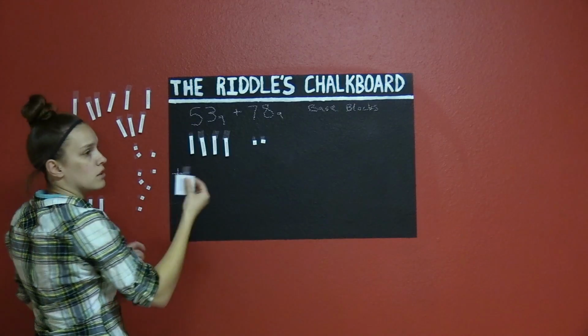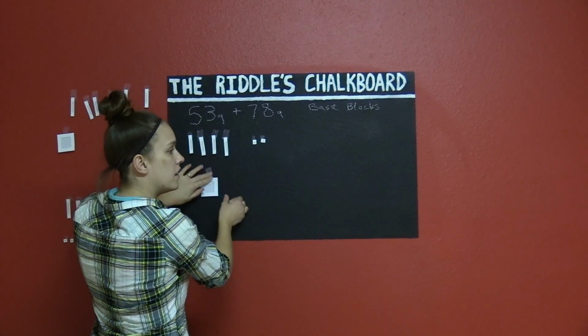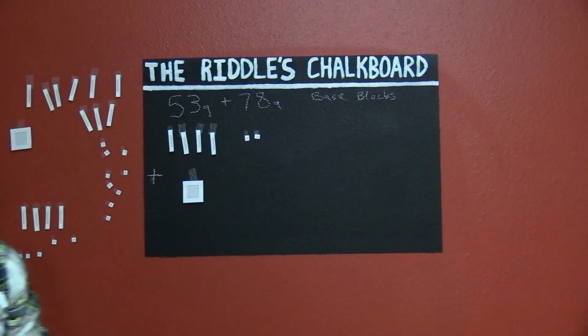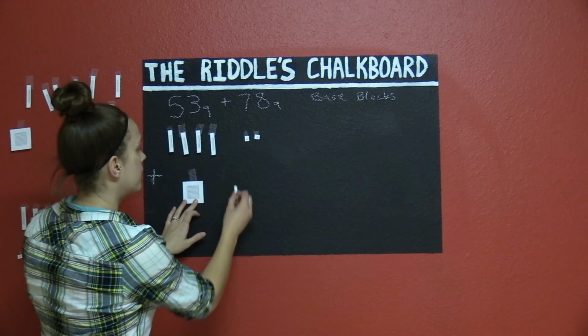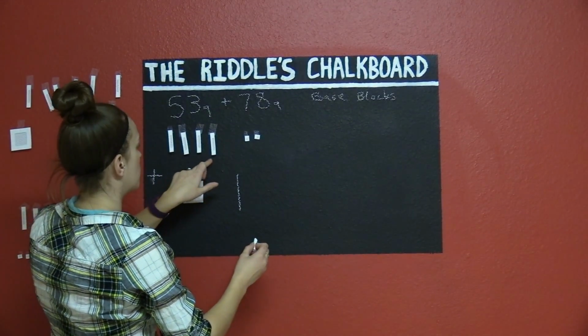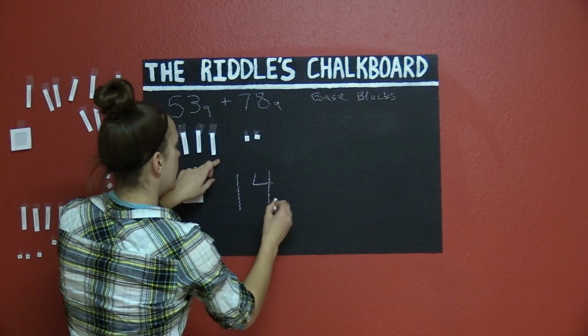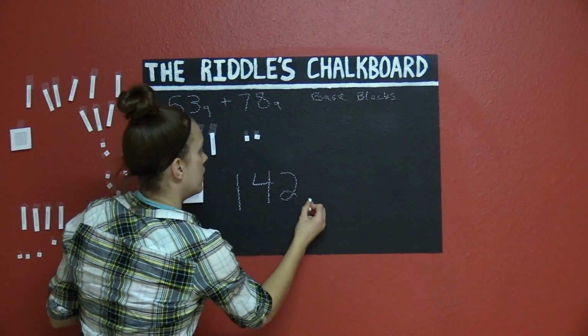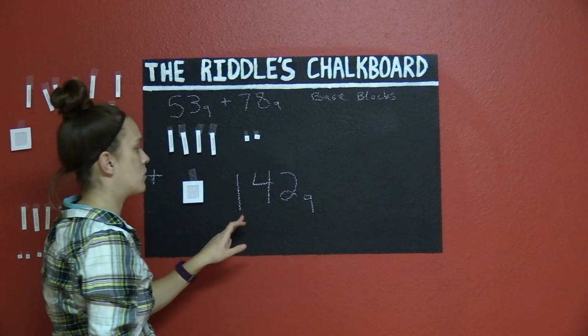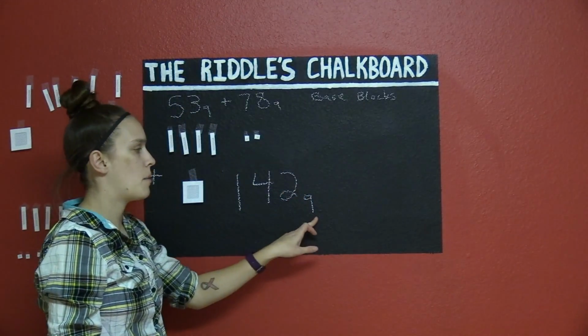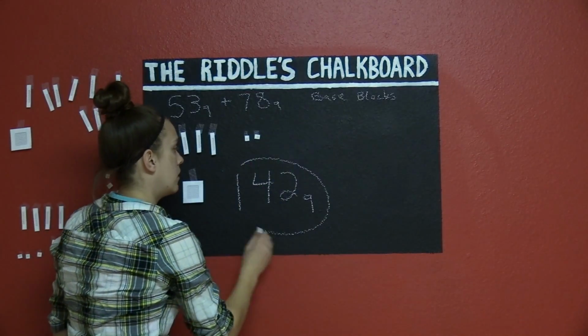And then we replace those for one flat. So now what we have remaining is one flat, 4 rods, and 2 units, base 9. So our answer is 142 base 9.